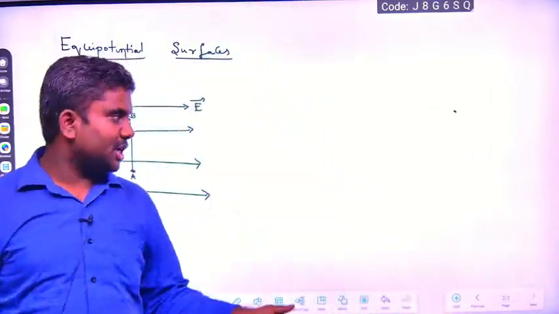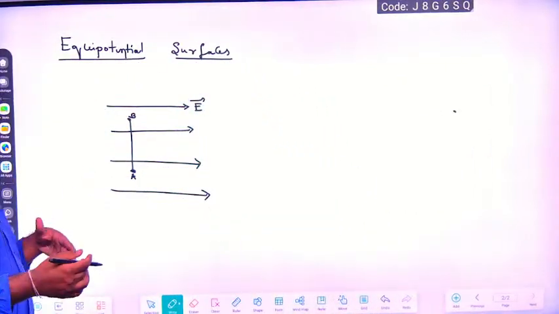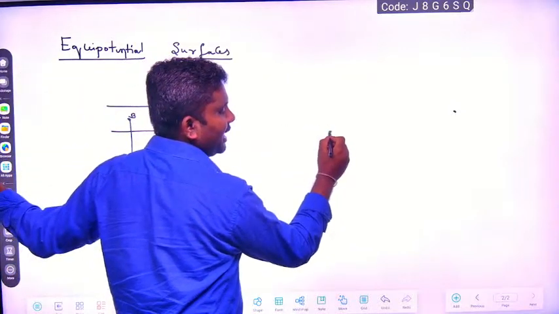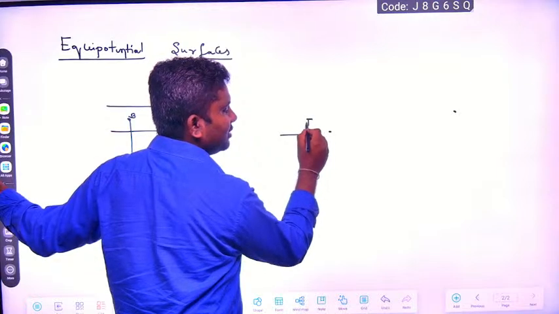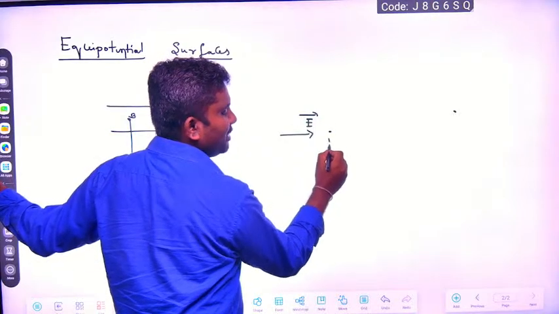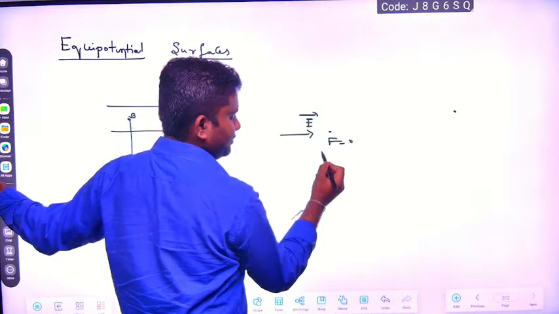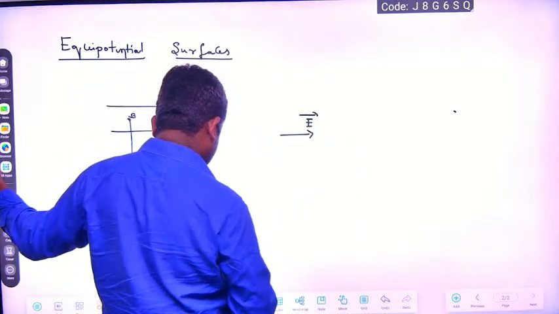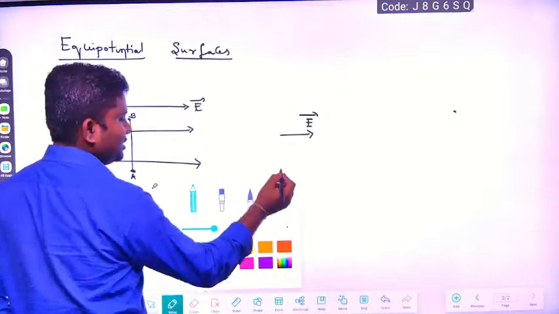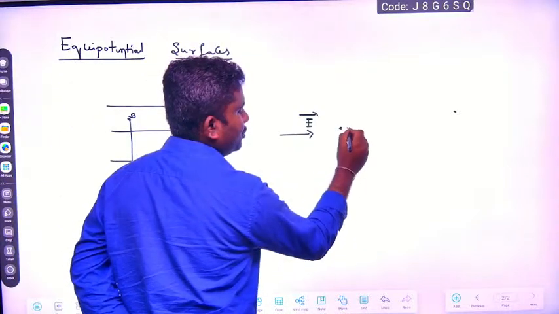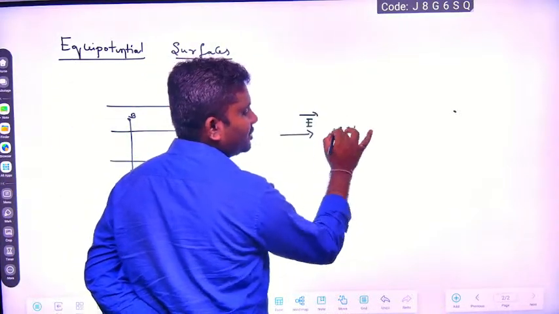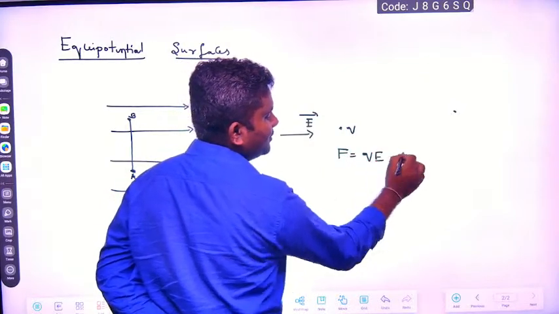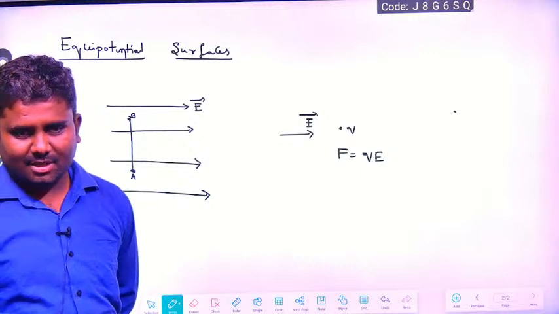No force will act. If the charge is to experience a force, the charge should be kept in the direction of the field. This is the electric field, and it applies a force, F equals Q into E. So this charge Q will experience a force F equals QE.